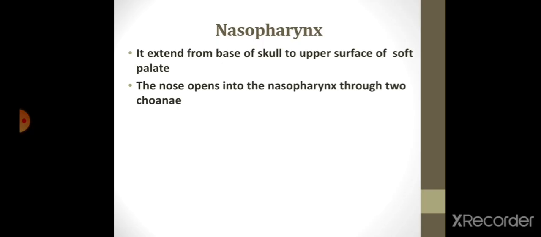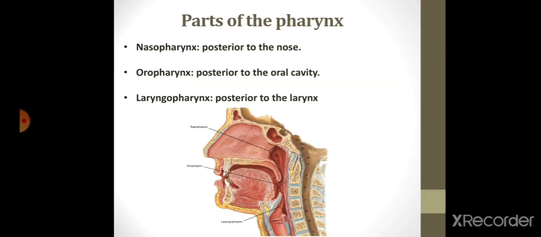The nasal cavity communicates with the nasopharynx through the posterior nasal aperture or choana. This opening, known as the posterior nasal aperture or choana, communicates the nasal cavity with the nasopharynx.